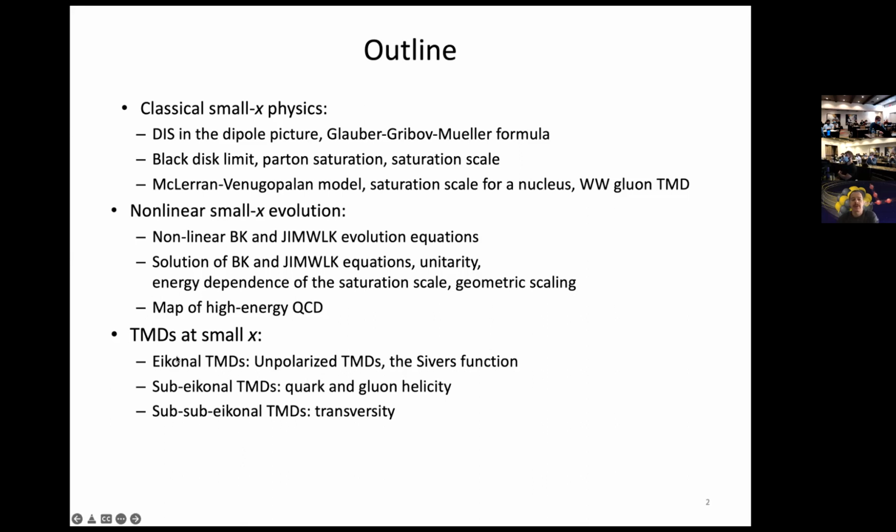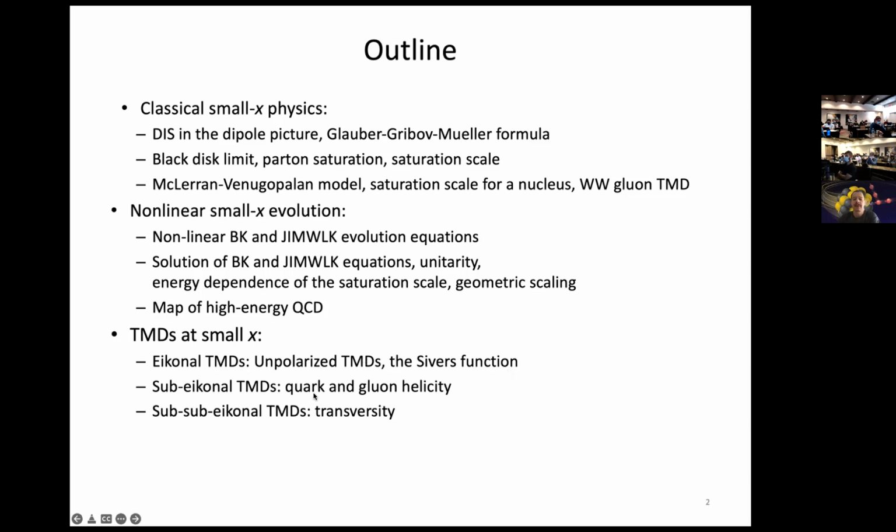So there are several classes of TMDs here. We'll talk about how we can classify different TMDs by their small x behavior, whether it's eikonal, sub-eikonal, or sub-sub-eikonal. I'll explain what that means when we get there. But eikonal TMD examples are unpolarized TMDs, or the Sivers function also has an eikonal small x asymptotics.